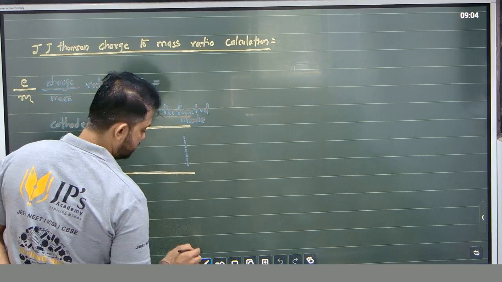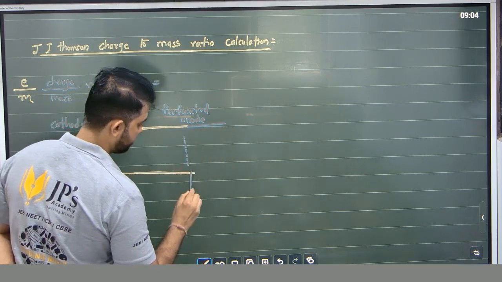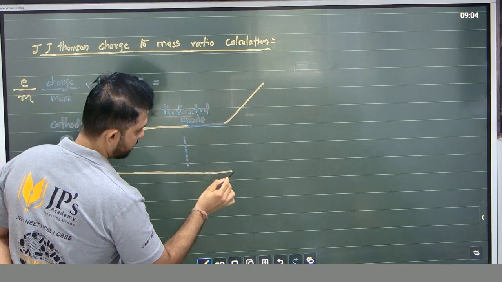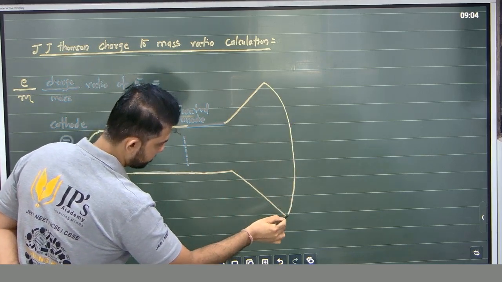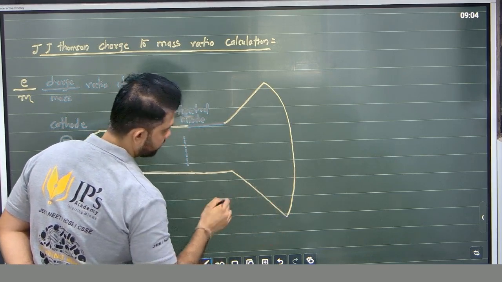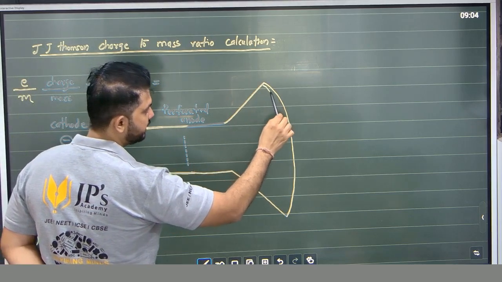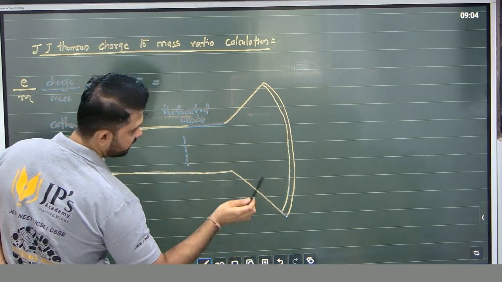Now, behind the anode, similarly what did we do? We had a fluorescent material coated sheet.